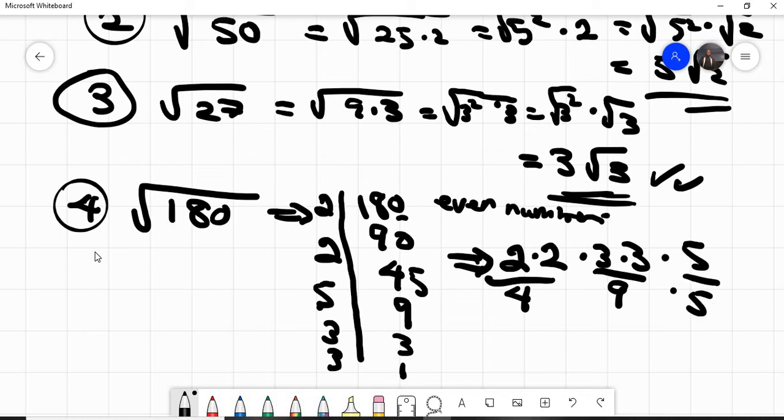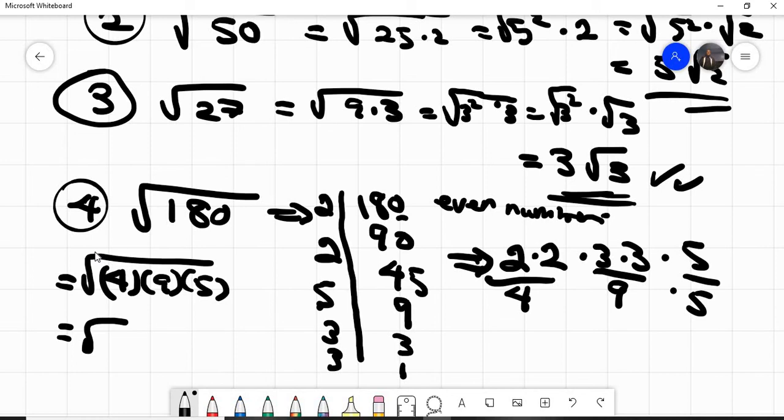So this equals 4 times 9 times 5. That is 2 squared times 3 squared times root 5.